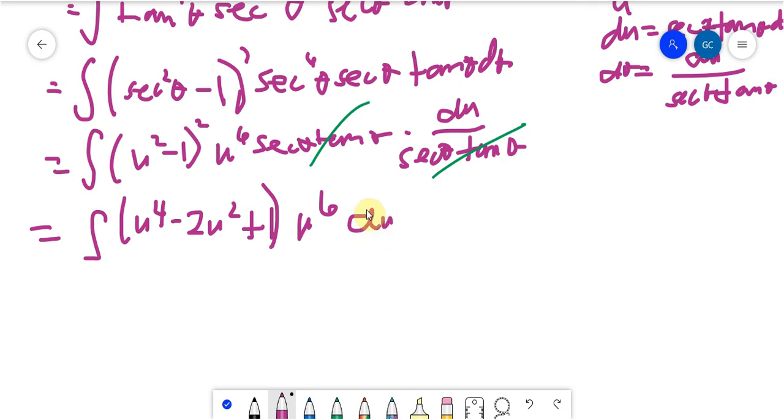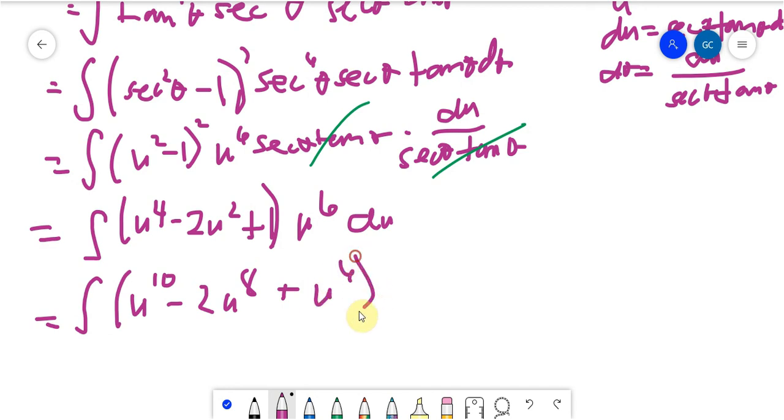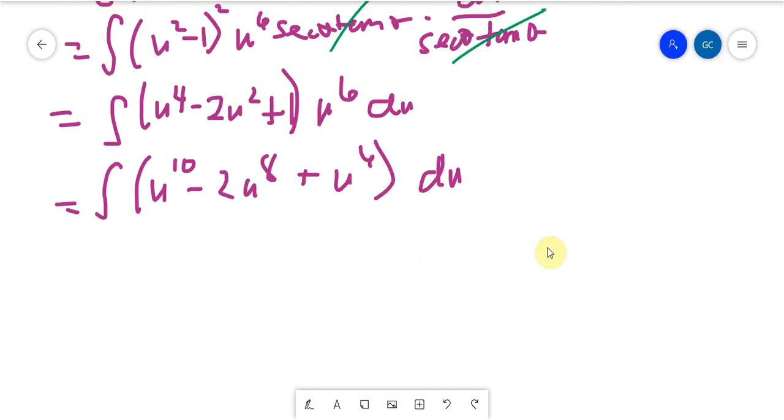And we will distribute u to the 6th to everything that's in here. So that means we have the integral of u to the 10th power minus 2u to the 8th plus u to the 6th du.